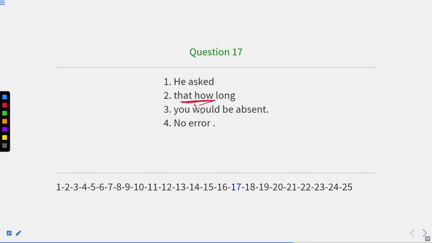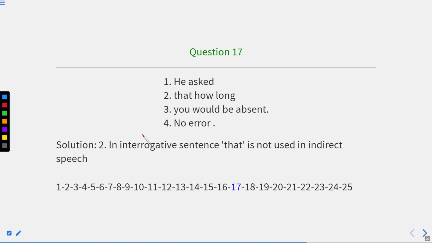The second thing is we replace the comma or inverted commas with the question word. And that cannot be used. So that will not be used, but how. So here the second part contains the error because that and how, both conjunctions, cannot come together. Therefore, the answer is second. In an interrogative sentence, that is not used in the indirect.